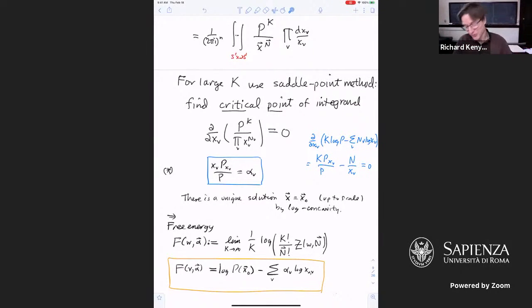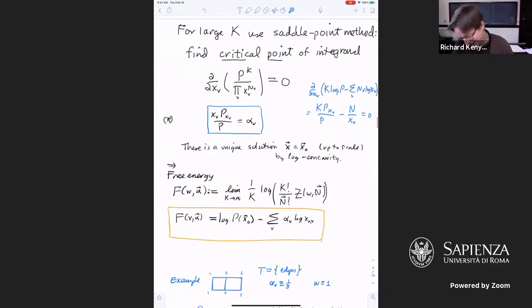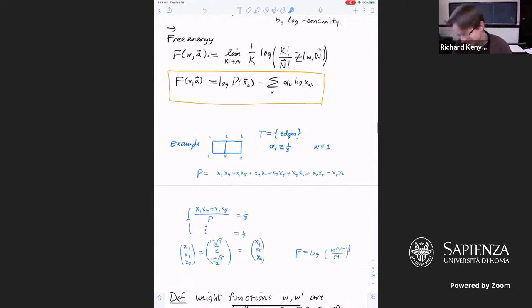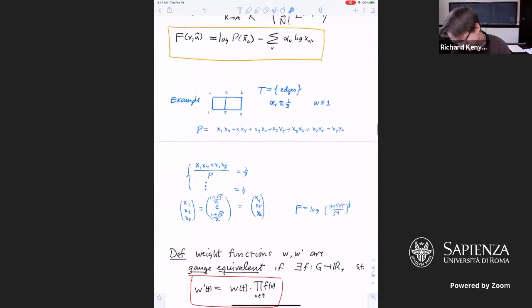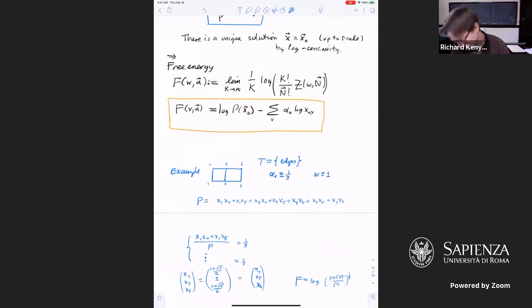Since there's some convexity involved, you can use a Legendre duality to actually solve these equations by minimizing a certain convex function. Okay, is it convex or concave? I've forgotten. Let's see. I don't think we need to go through the example here. Oh, okay. Let me just go through the example.